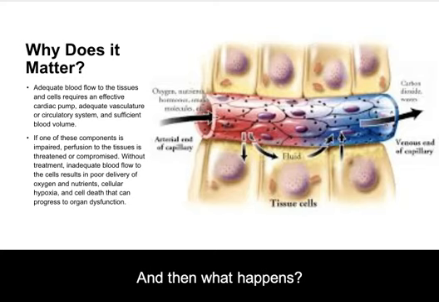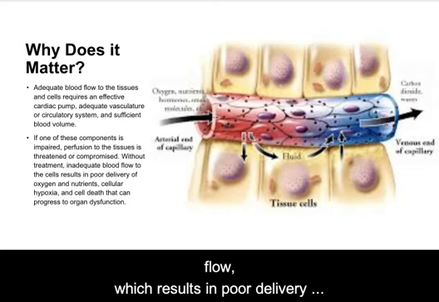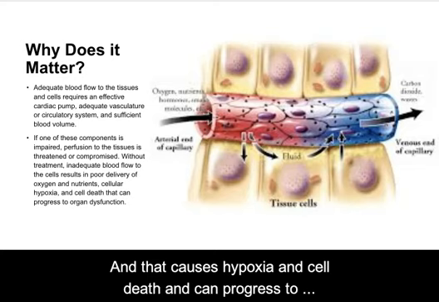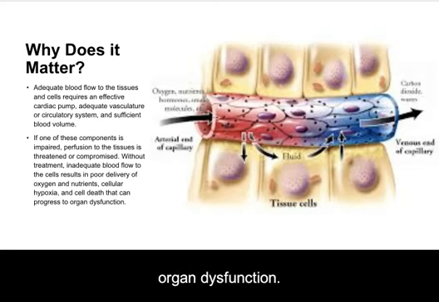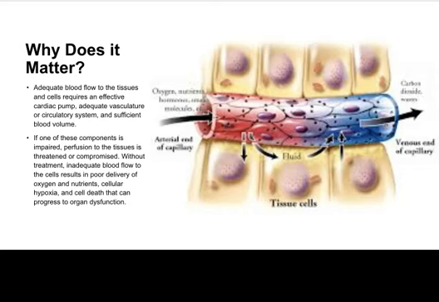And then what happens? We have inadequate blood flow, which results in poor delivery of oxygen and nutrients to all the cells in the body, and that causes hypoxia and cell death and can progress to organ dysfunction. So if your organs do not receive blood supply, oxygenation and nutrients, they would die.